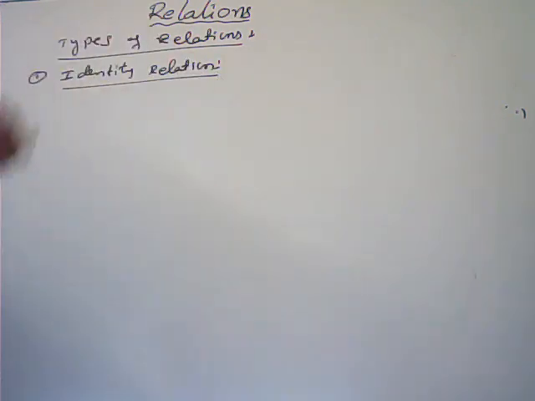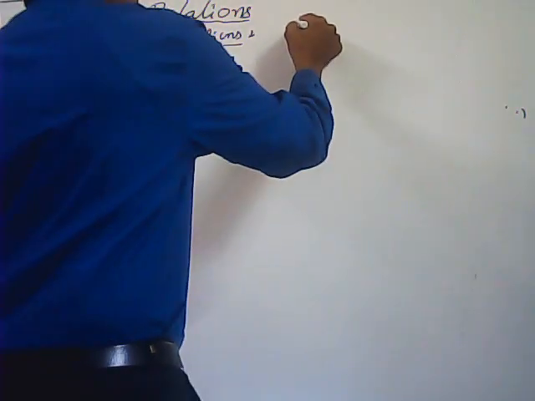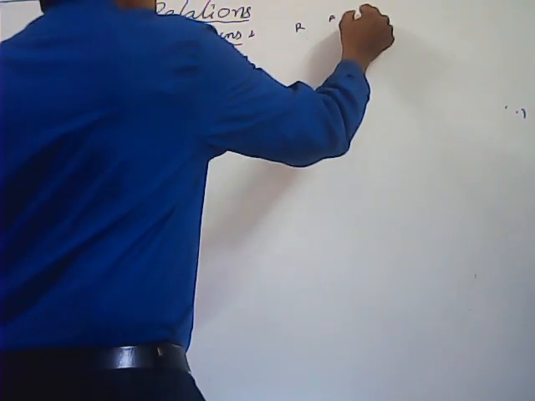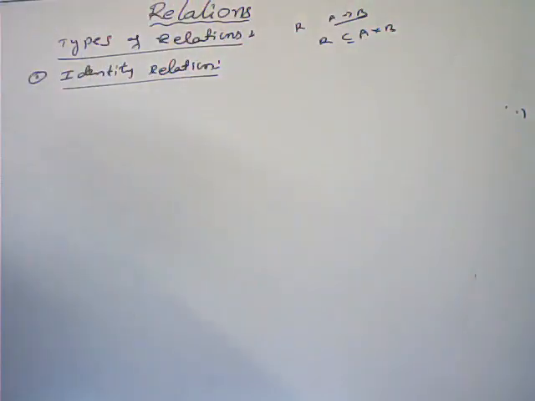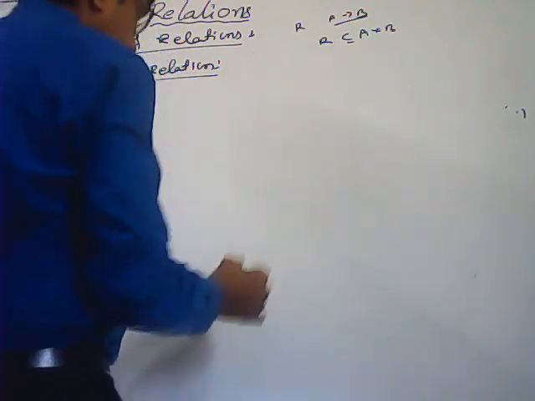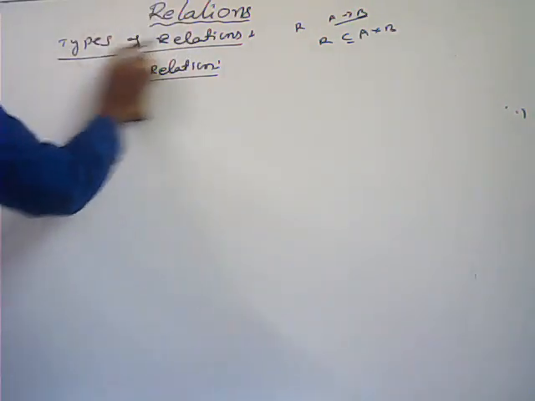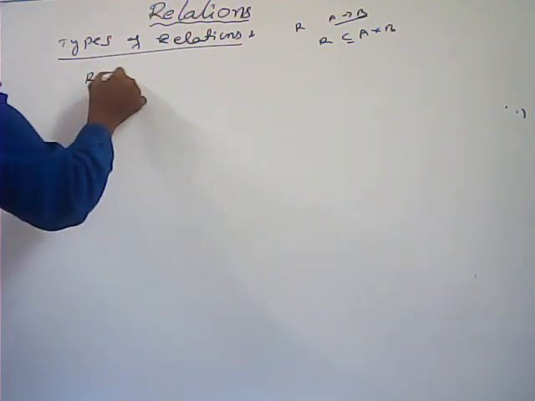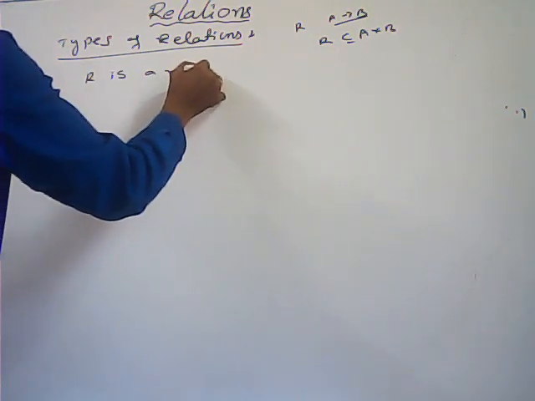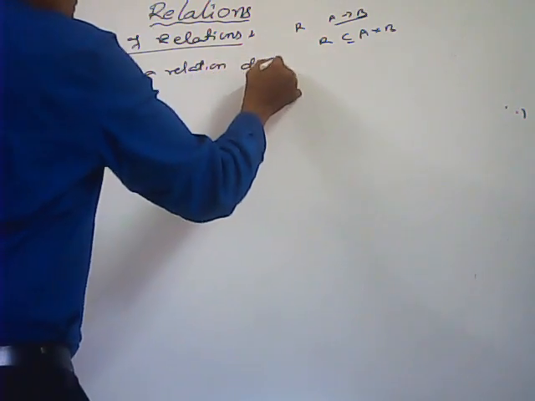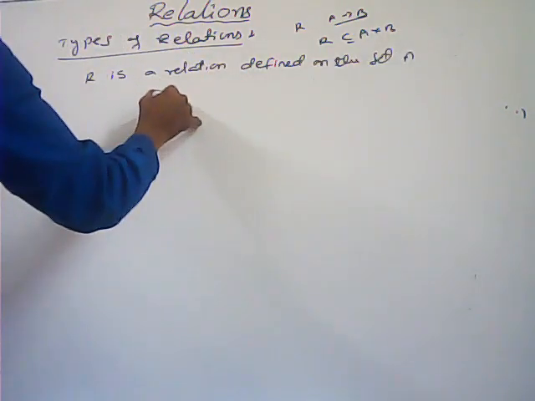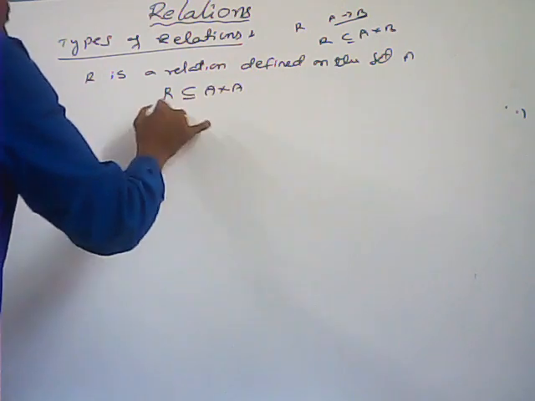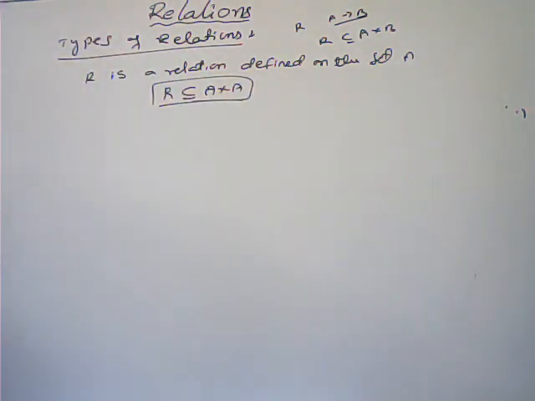What is the identity relation here? R is a relation on set A. Previously what I said, R is a relation from A to B. If R is a relation from A to B, then R must be subset of A cross B. If R is a relation defined on the set A, R must be subset of A cross A. Here what is the largest relation?